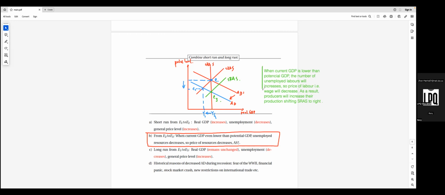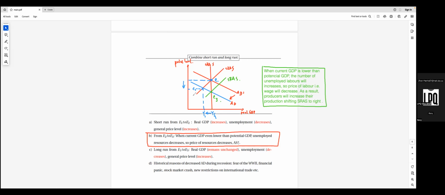So once again, the answer is here. You need to analyze how the price of resources has been changed. This is a kind of price signal that can really coordinate and change producers' behavior. When the price of resources is very high, producers will reduce production.